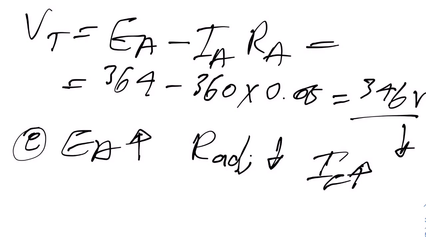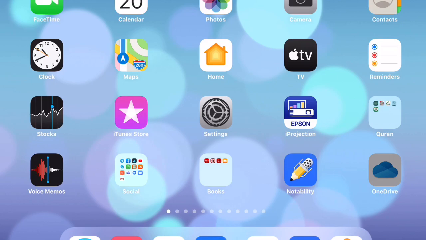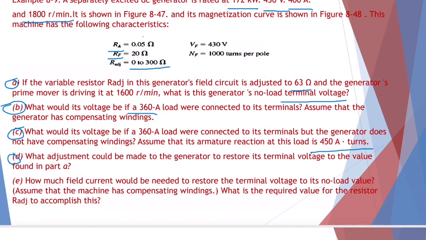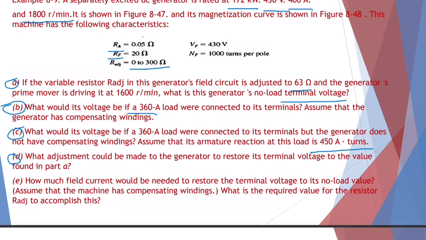This is part D. Okay. Now, the last part for this example, E. How much field current would be needed to restore the terminal voltage to its no-load value? Assume that the machine has compensating winding.